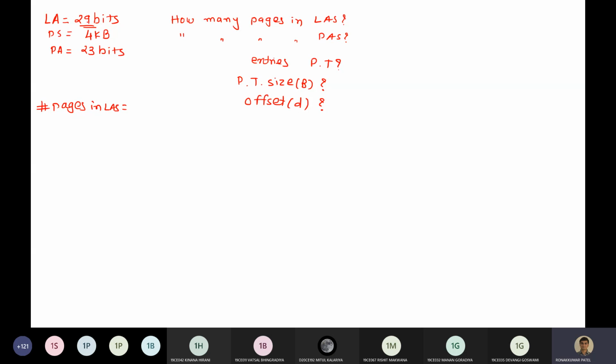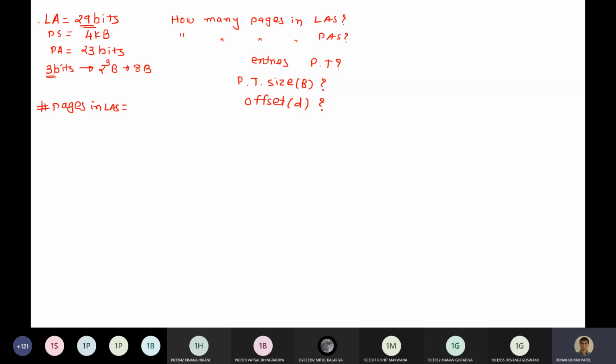If I say that for the process to address each byte, you require 3 bits, you require 3 bits to address each byte of that process. So what is the size of that process? 8 bytes. Yes, right. 2 raised to 3 bytes means it's an 8 byte process. So the same thing is given.